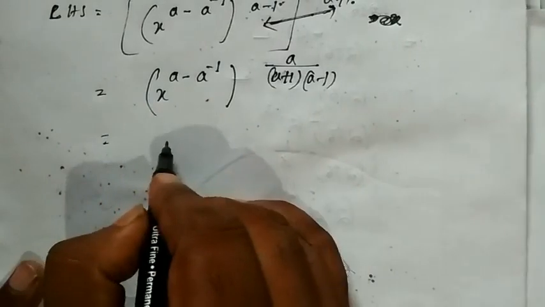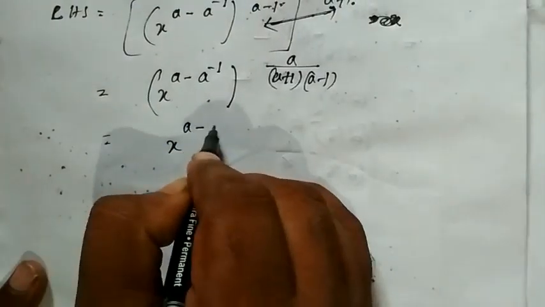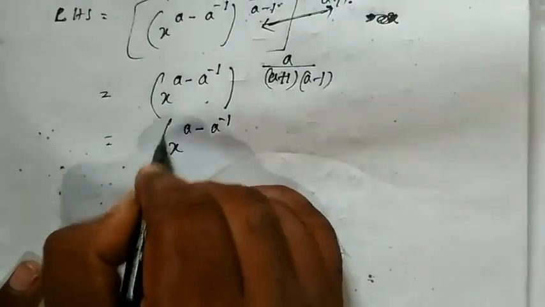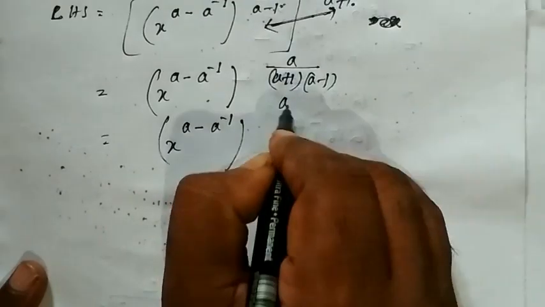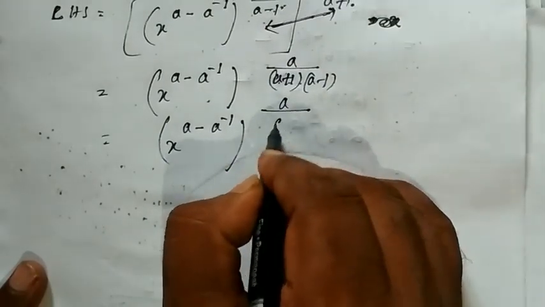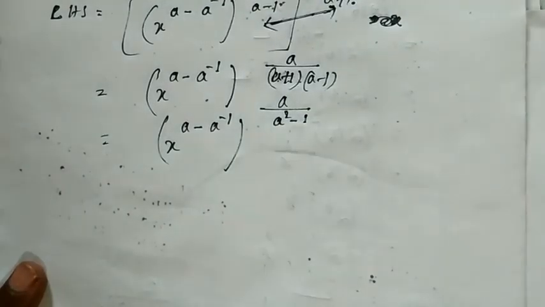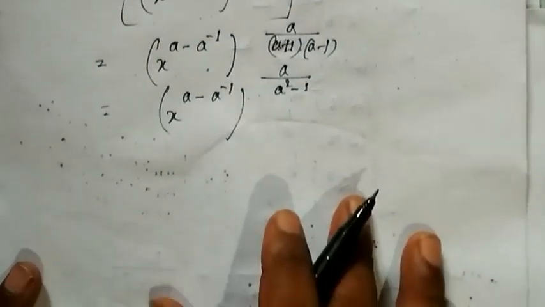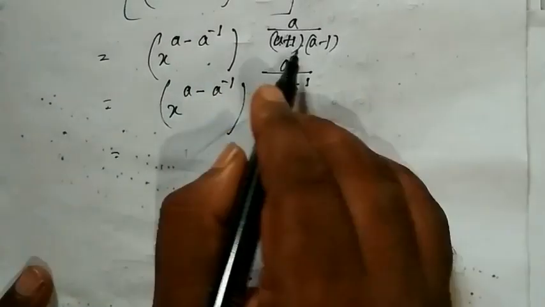Again that one you can write as x to the power of a minus a to the power of minus 1 raised to the power a divided by (a plus b into a minus b). The formula is a square minus b square, that is a square minus 1.